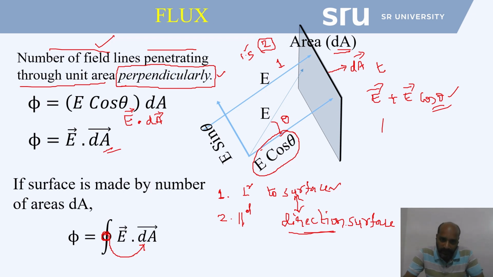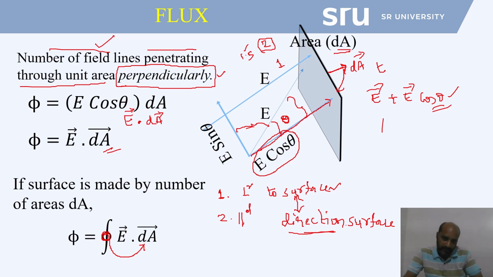Now, see here, that's why the cos theta component is taken, which is the direction of the surface. This is what we are taking as a reference. That's why the theta is here, not here, because we can keep that theta anywhere, but we place the theta here because this line is the reference, which is the direction of the surface.